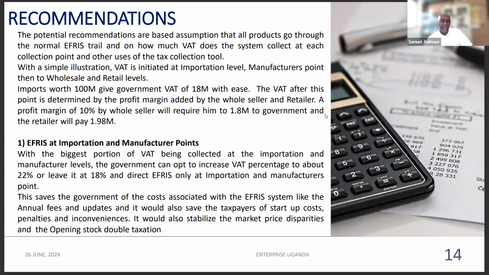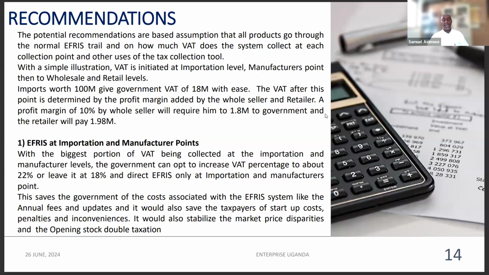Though they are saying the mobile app is cheap and the others are cheap, there are the inconveniences they come up with, and the penalties that are also coming on the taxpayers. So it would also stabilize the market prices, the market price disparities I talked about earlier, and also the opening stock issue of double taxation.